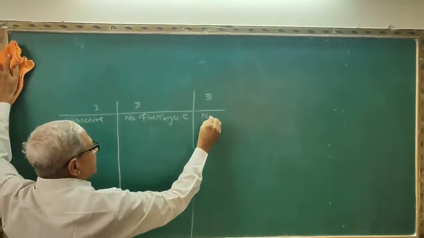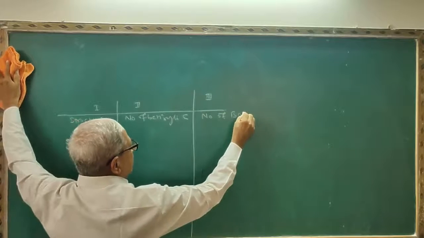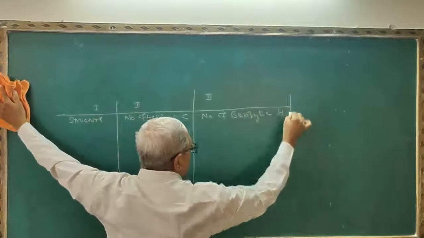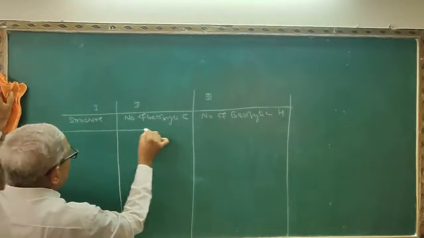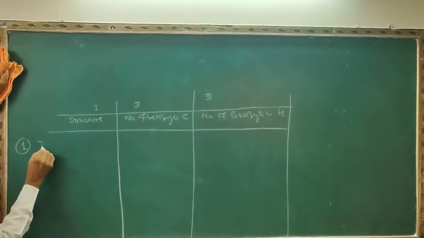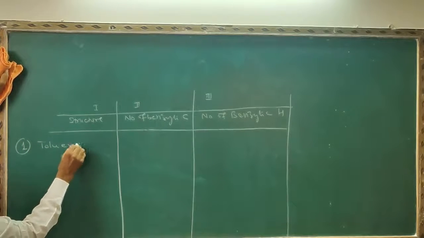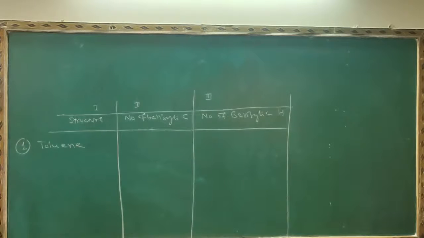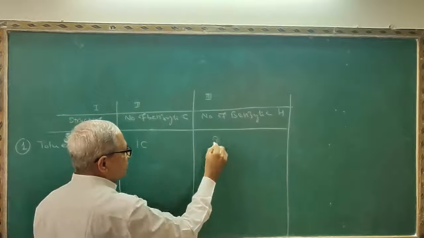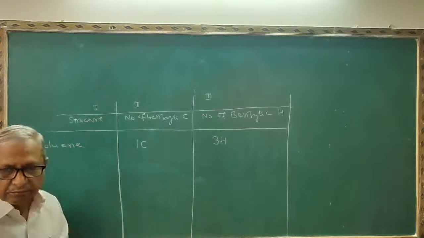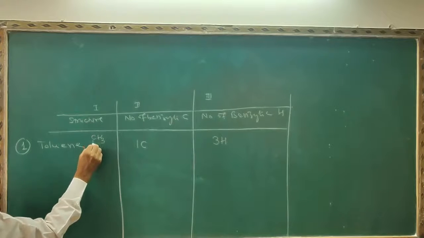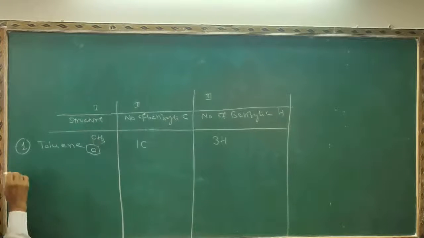And the third one is the number of benzylic hydrogen. First, I will give one example here. Toluene. Just now I was explaining the structure of toluene. It contains only one benzylic carbon and 3 benzylic hydrogen. You know the formula for toluene, that is CH3 benzene.